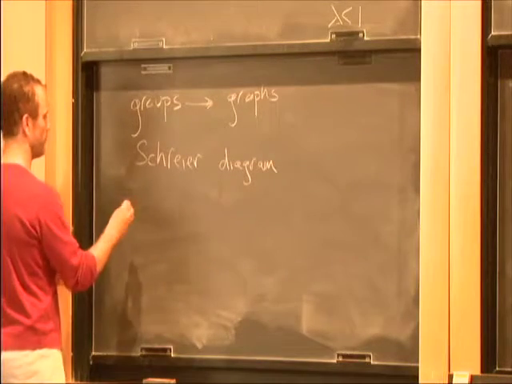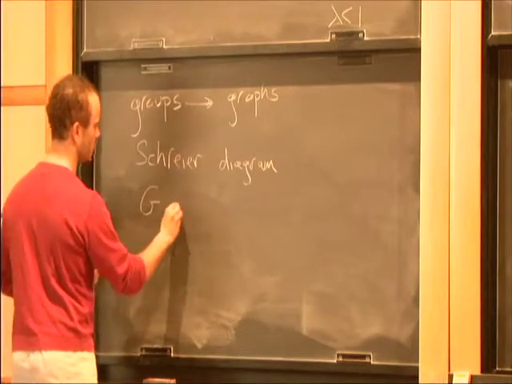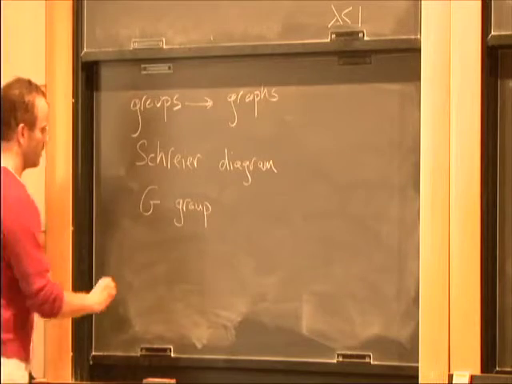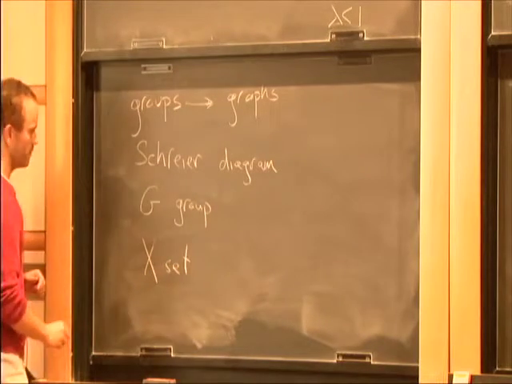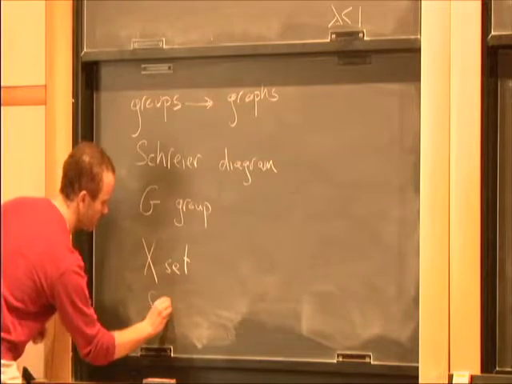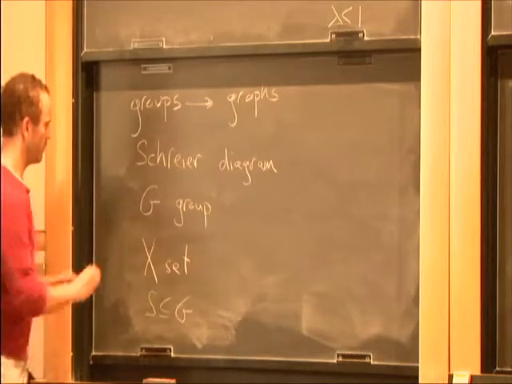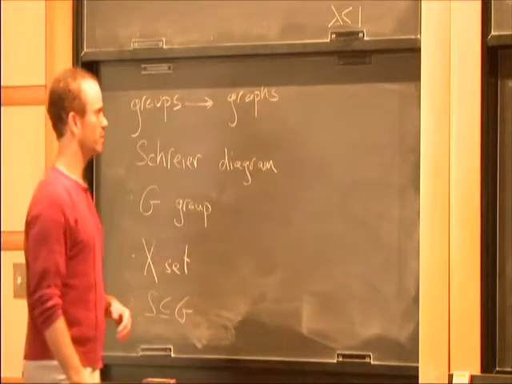So to define this graph, we'll need two things, or three. We'll have a group G. We'll have a set, some set X. And we'll have a subset of the group, S. So these are the three ingredients that will allow us to construct a graph.